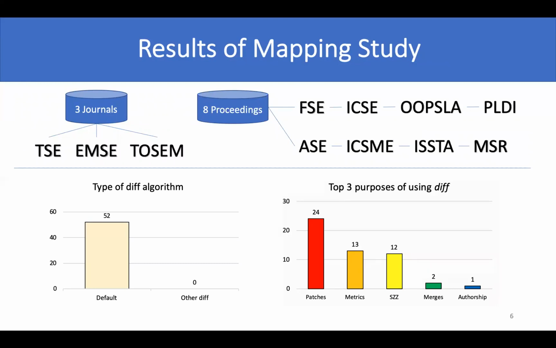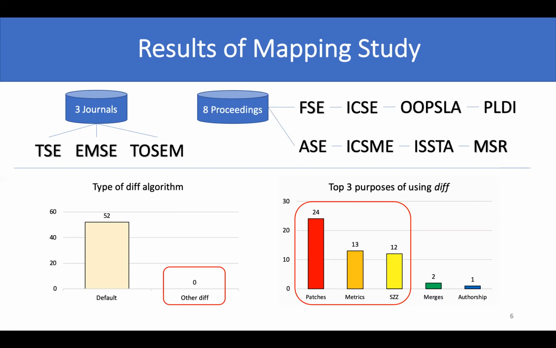The results revealed that all collected papers had never considered the other advanced diff algorithms. We also found that the purposes of using the git command were to get patches, followed by metrics collection, and bug introducing identification using SZZ algorithm.